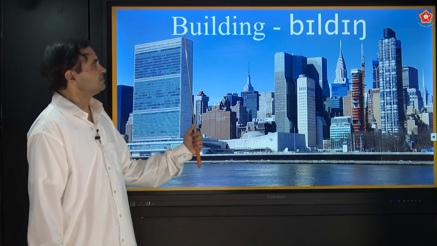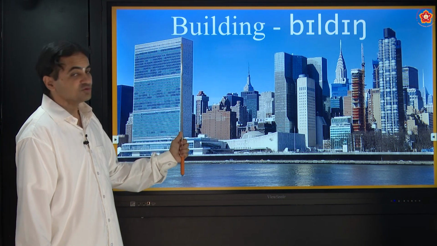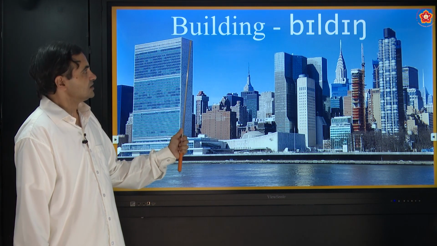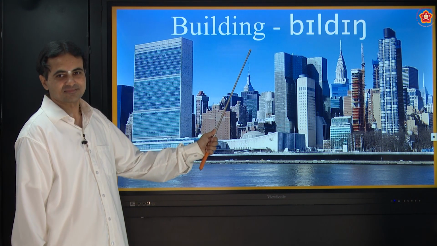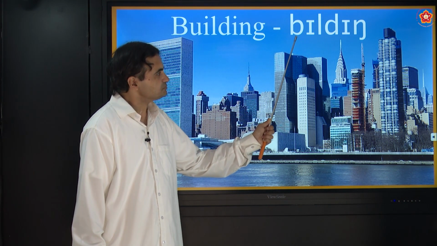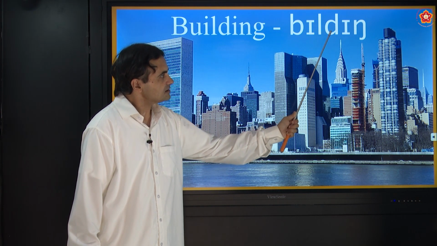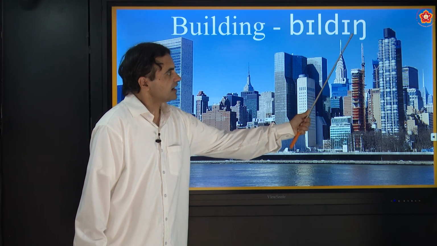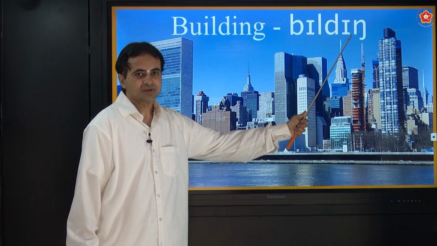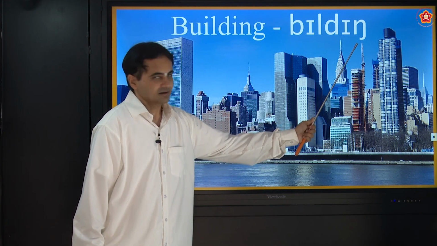For example, here we may see B-U-I-L-D-I-N-G, and you may be tempted to pronounce it as bu-ild-ing, but it is not that. It is just B here, a consonant, then I, L, D, I and the ng sound. So, it becomes building.